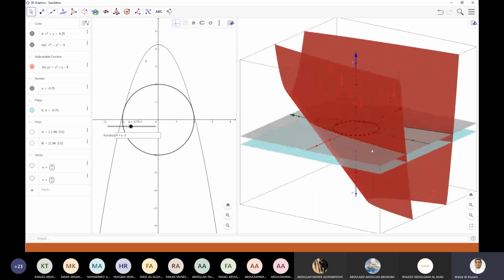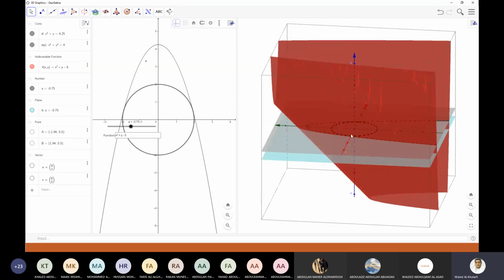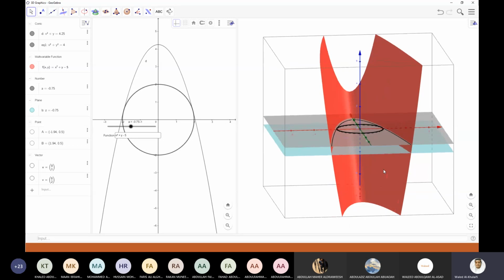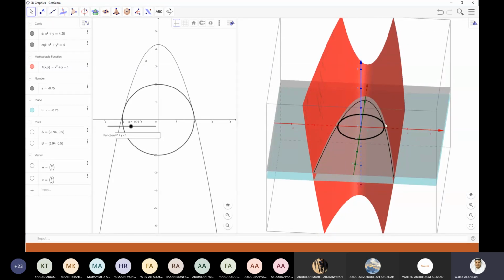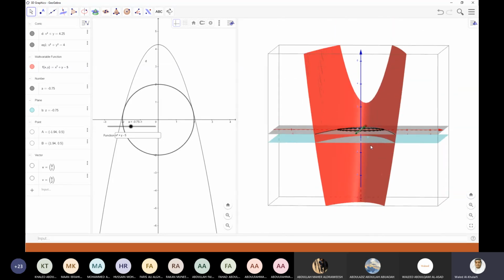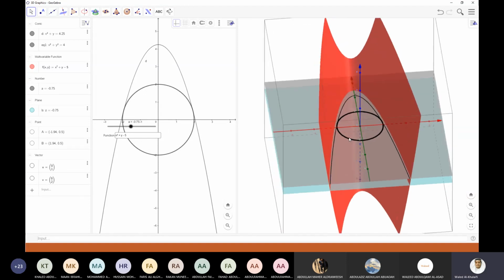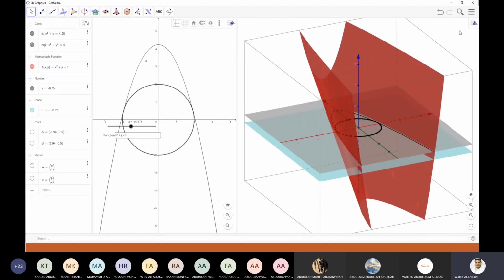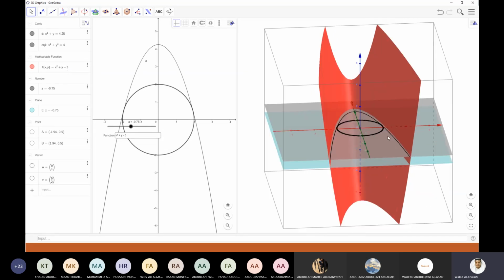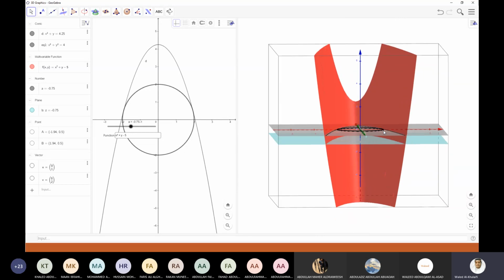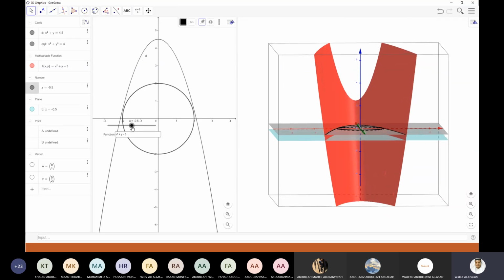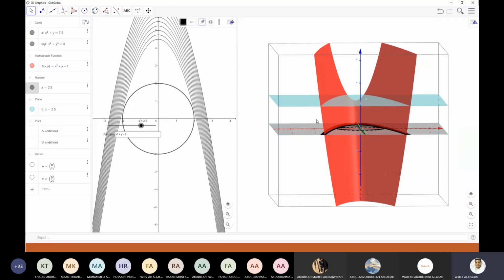So you would project the circle on the surface, but this idea is not clear to us. What we'll do instead is project the surface on the circle. How? Do you remember the level surface, guys, where you make the function equal to a constant? You make x squared plus y minus 5 equal to a constant.